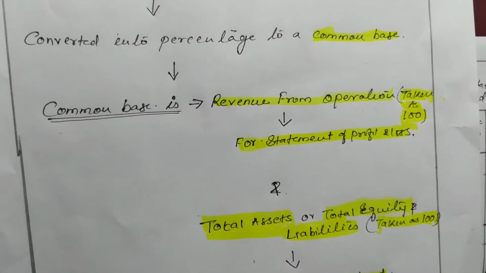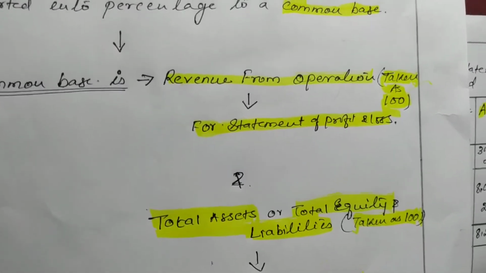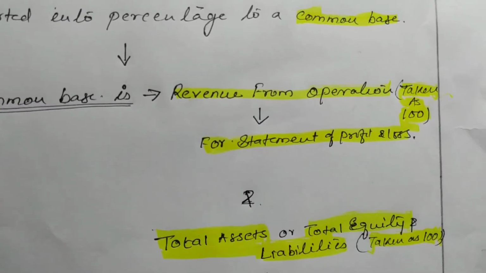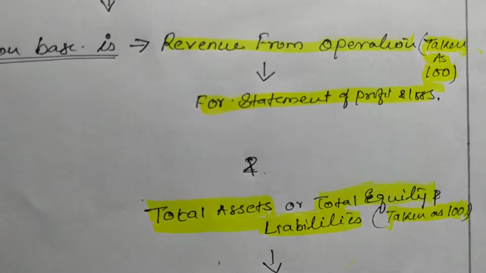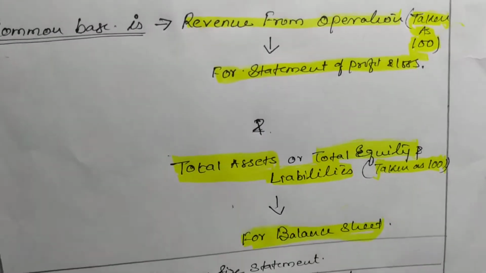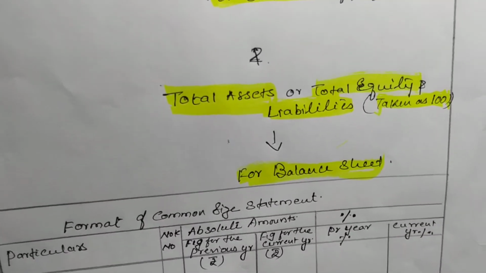And this common base will be revenue from operation for the statement of profit and loss, and total assets or liabilities for the balance sheet.